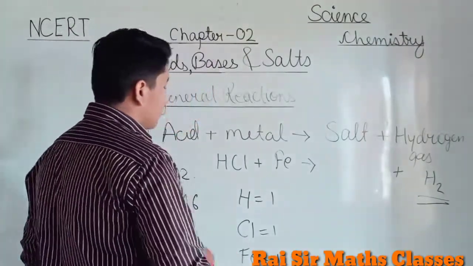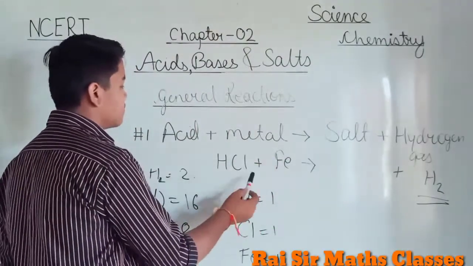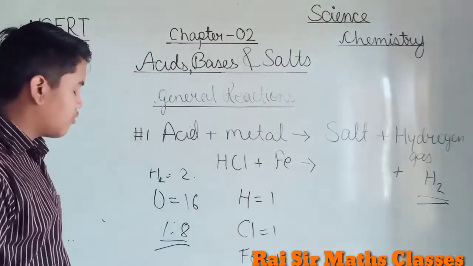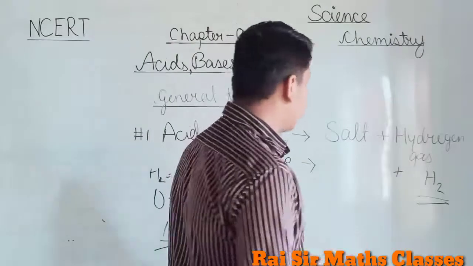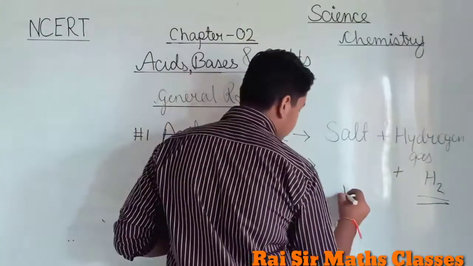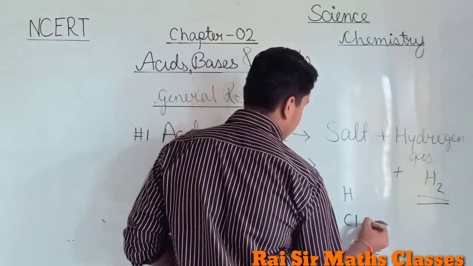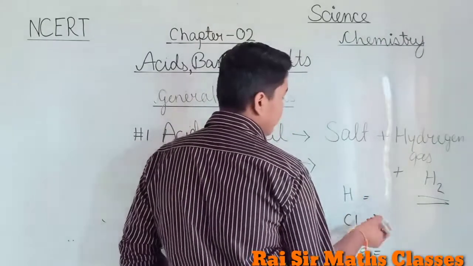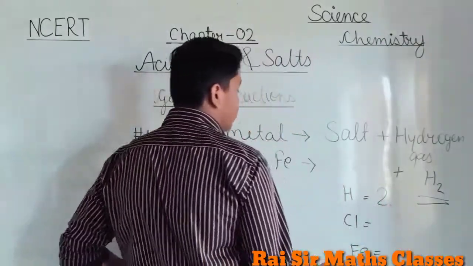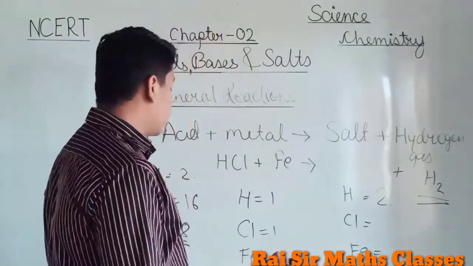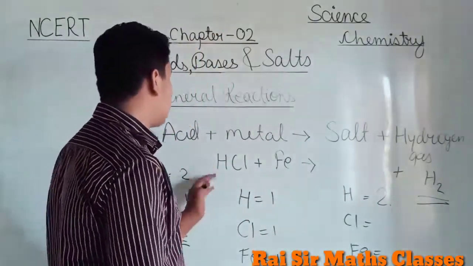So the elements given here will come on this side also, so we write hydrogen, chlorine and iron here also. Hydrogen here is 2, here it is 1, so we have to multiply by 2.